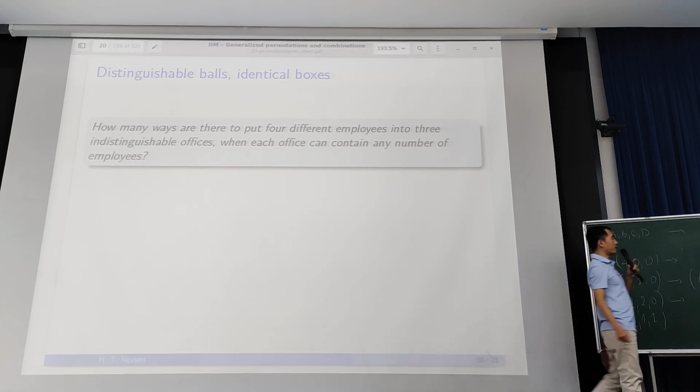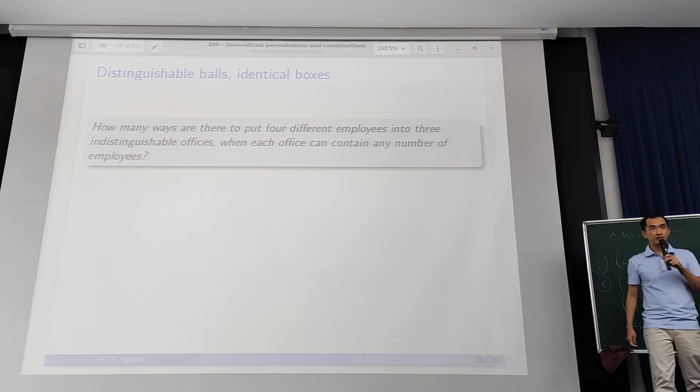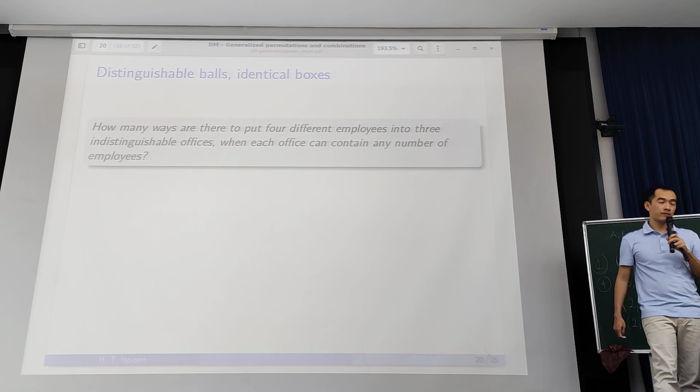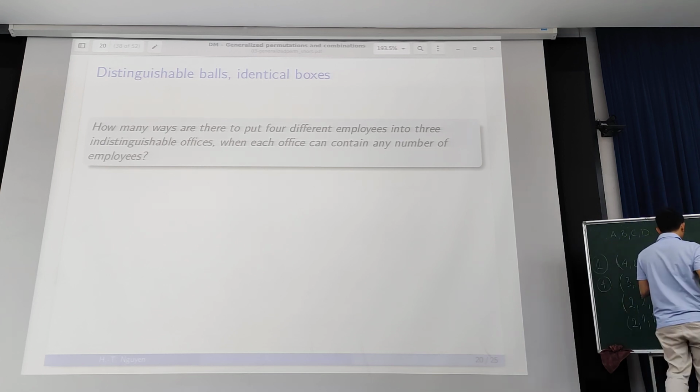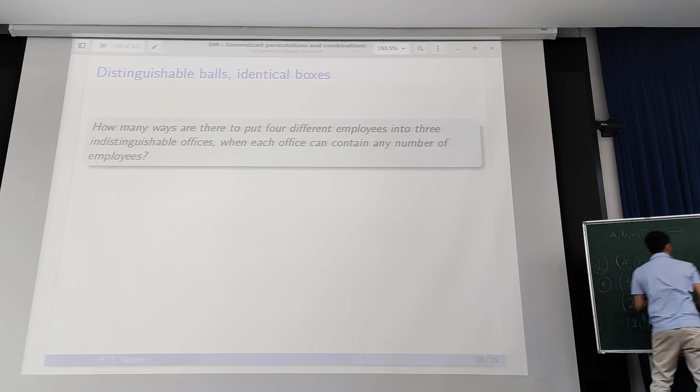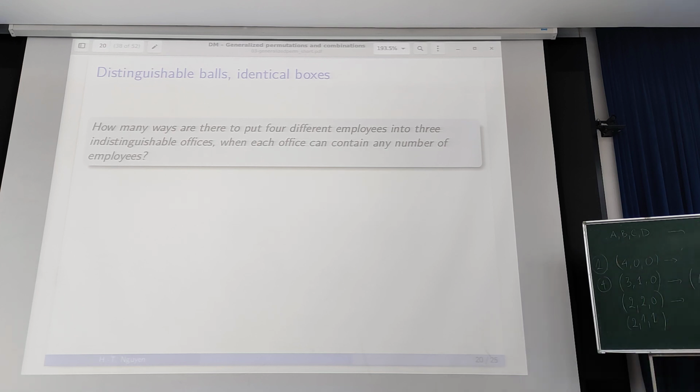And how many ways are there? How many? 6? Okay. In fact, the answer is not 6 because why?